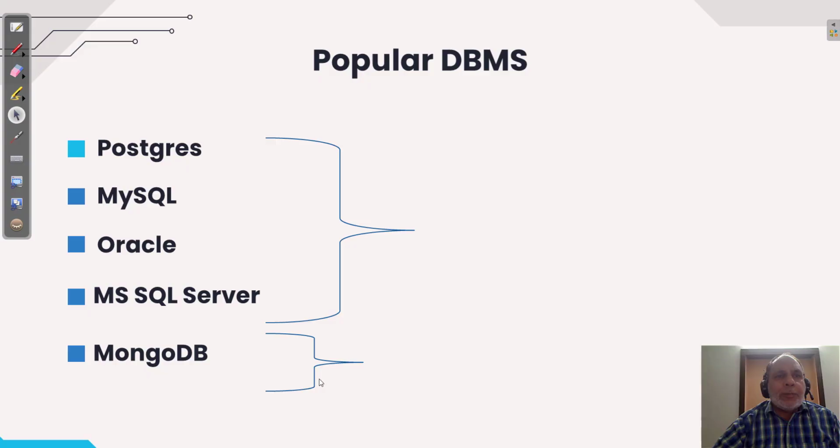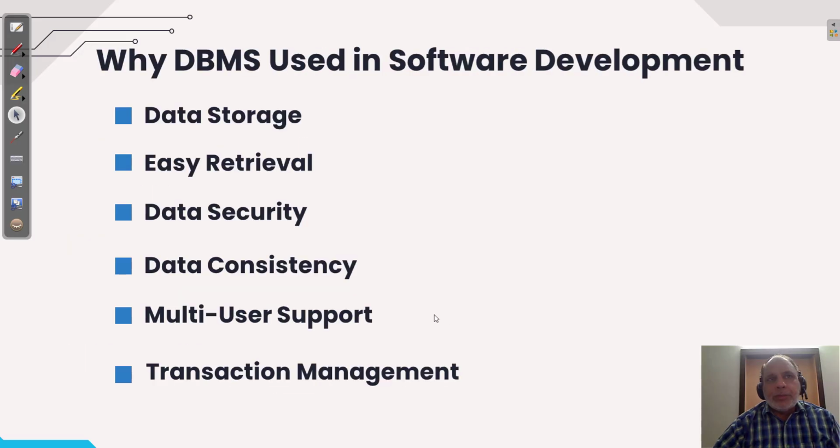There is another DBMS called MongoDB. MongoDB is basically a NoSQL database, so it is not using relations between tables. It is using different formats. It saves the whole data in the form of documents, etc.